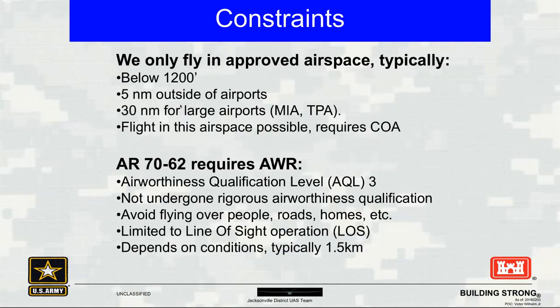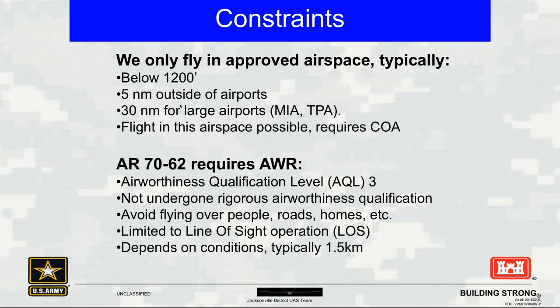So we do have some constraints. We can only fly in approved airspace. This is sort of changing as we're talking, with some of the new FAA regs. Below 1,200 feet is sort of our ceiling. We have to be 5 nautical miles outside of any airport, even a small airport that's out in the middle of a ranch somewhere.